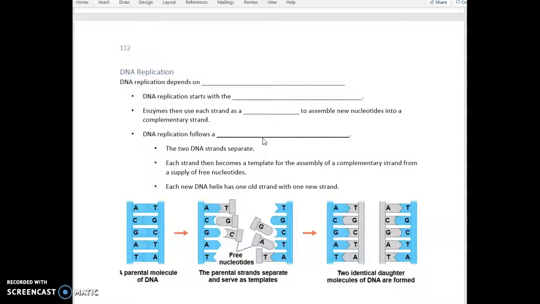DNA is replicated? Well, this is how that replication occurs. DNA replication is going to depend on specific base pairing.